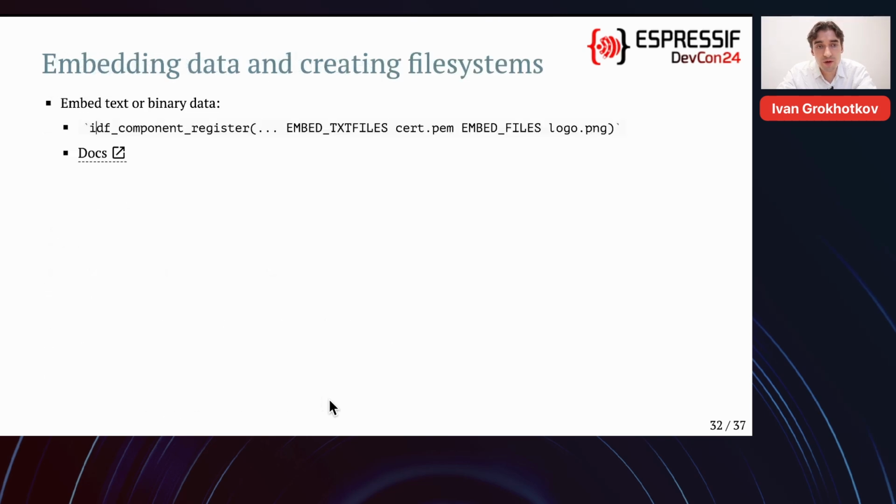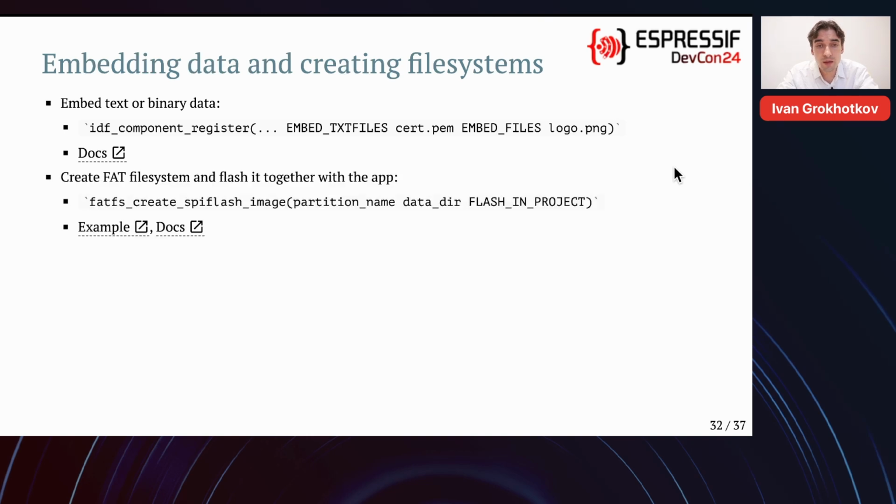Embedding data and creating file systems is another thing that IDF build system helps you with. To simply add a text file or a binary file into your application so that it can later be used in C code, you can use embed txt files or embed files keywords in IDF component register command. You can also create file systems automatically during the build process.